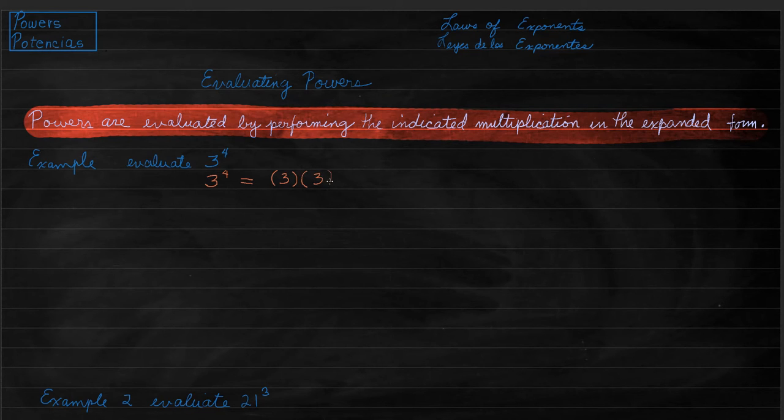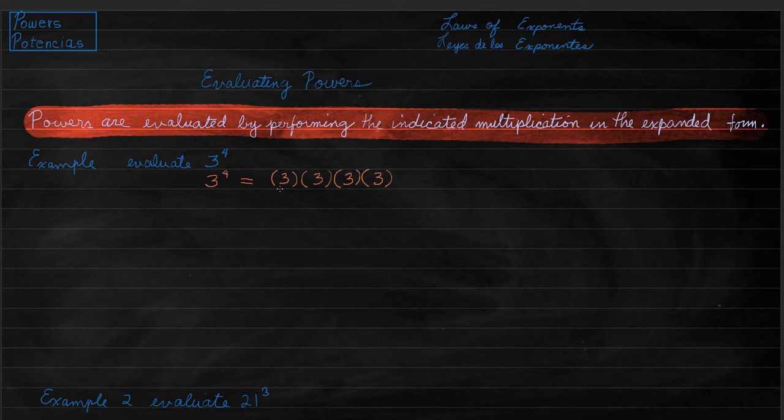Now remember that a factor is nothing more than either a multiplier or the multiplicand. We show it 4 times because we have a 4 on top of the 3. So here we are showing multiply 3 times 3 times 3 times 3.